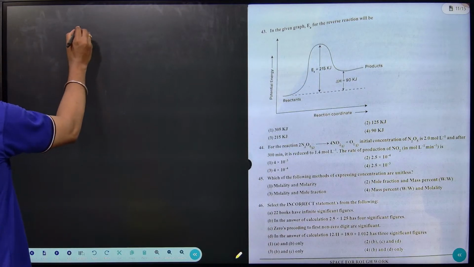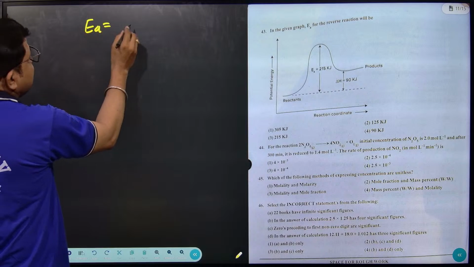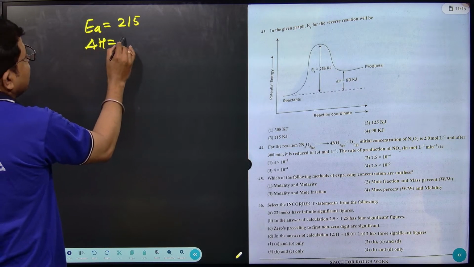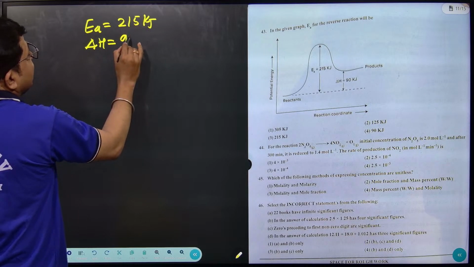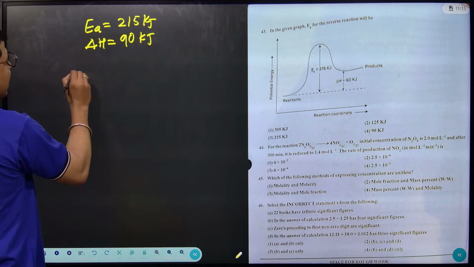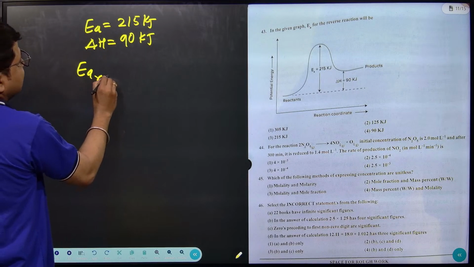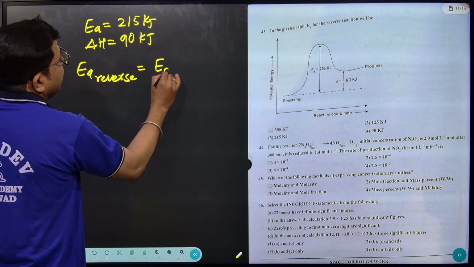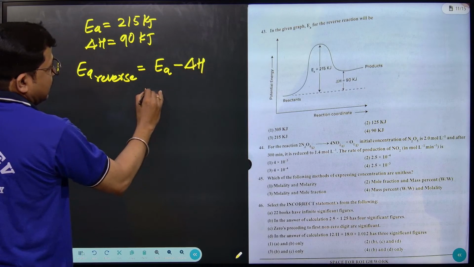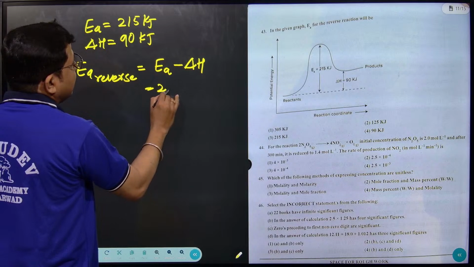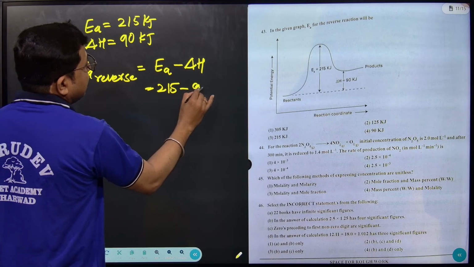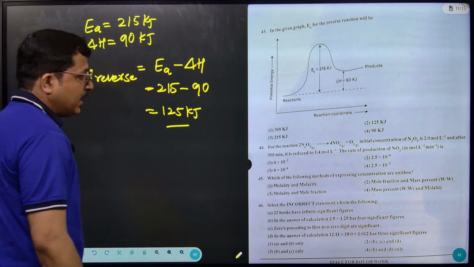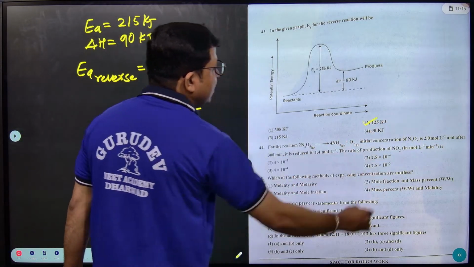Here the energy of activation given is 215 kilojoules, and the change in enthalpy is 90 kilojoules. The activation energy for the reverse reaction is equal to the energy of activation minus delta H. See here, 215 minus 90 becomes 125 kilojoules. The answer for this one is option number 2.